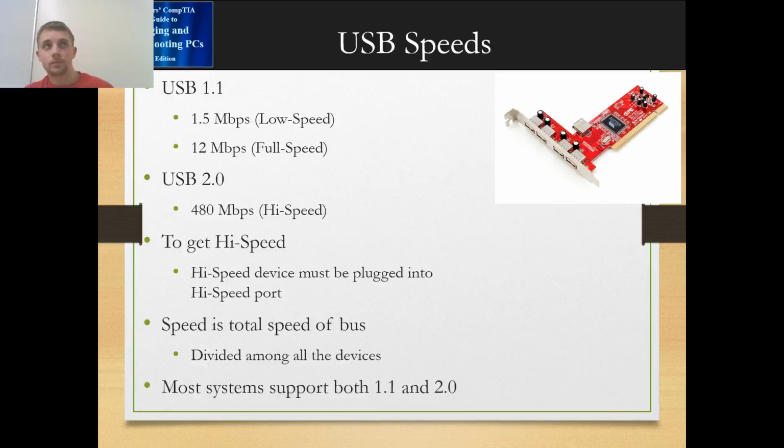You won't really see USB 1 anymore, but maybe it's out there. I don't know. This slide doesn't really cover USB 3, but that's becoming rather common and popular now. USB 3, similar to USB 2, is backwards compatible to all of them. It's significantly faster.